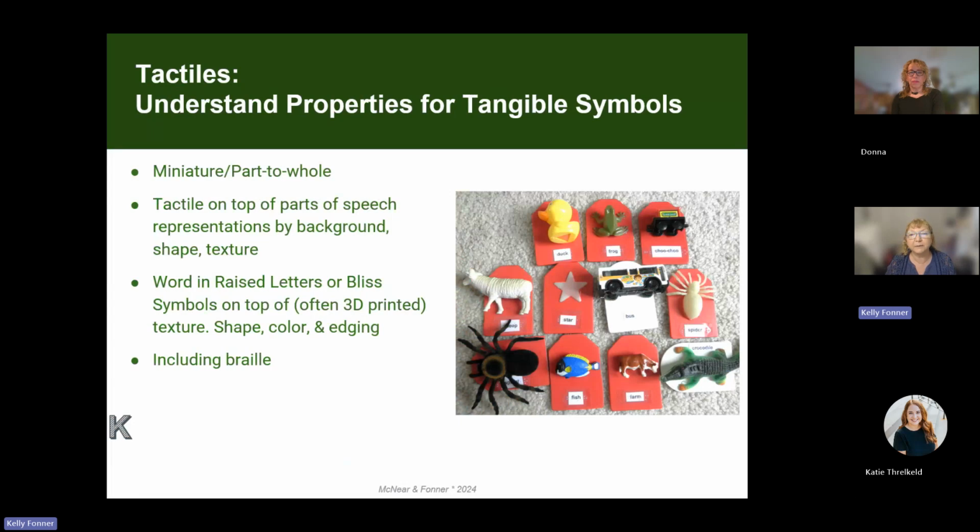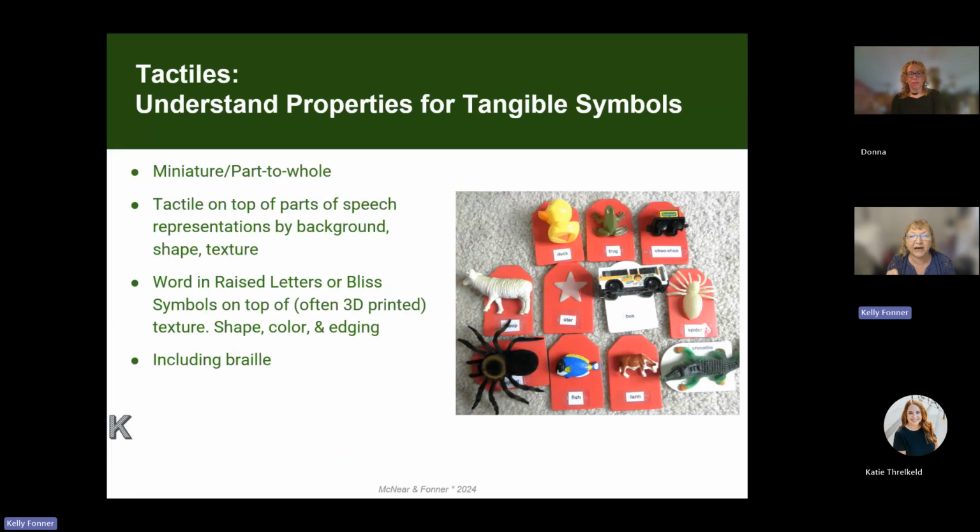But sometimes we'll see people use parts to a whole. Rather than having a miniature toilet, I might have the flush handle and use that as the tactile. And we'll be giving you more examples. You'll see that the tactile on top of the parts of speech might show you what it's on top of might represent, whether it's a verb or a noun.